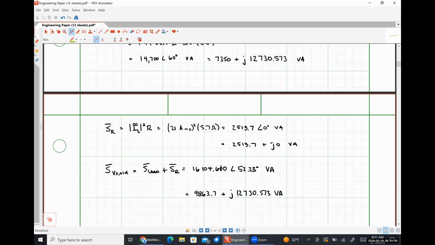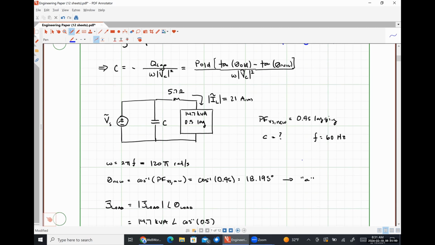So this guy right here is P old. What other piece of information did we get? Someone other than Liam. Right, but is reactive power literally anywhere in our equation?